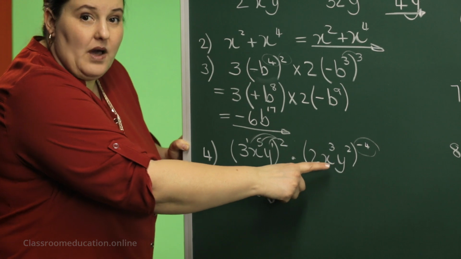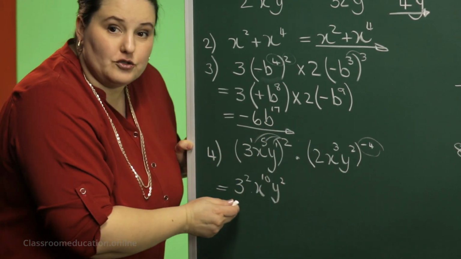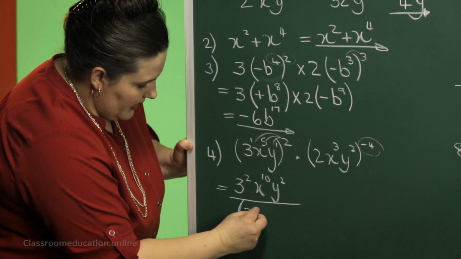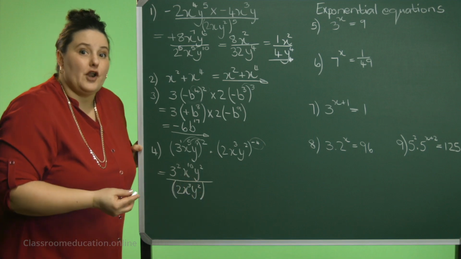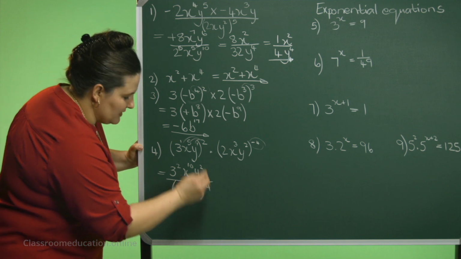Then this one now, I have a power of negative 4, and I'm going to take it to my denominator. So then it will be 2x cubed y squared, to the power of positive 4. Well done, to the power of positive 4.